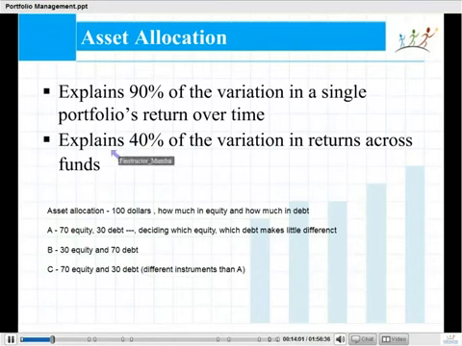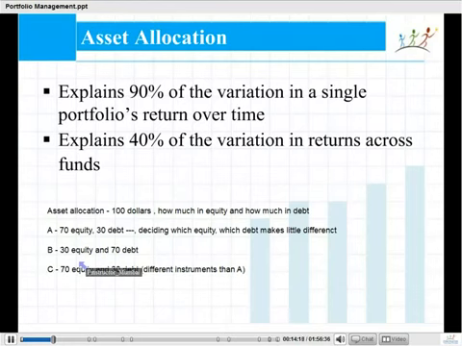Asset allocation explains 40% of the variation in returns across funds. So across funds, a major chunk of the difference in returns will be explained because of the difference in debt and equity.